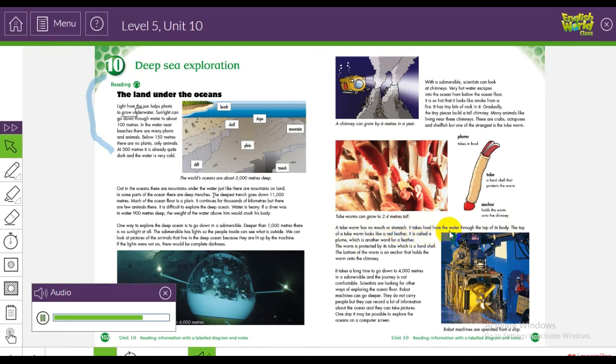It takes food from the water through the top of its body. The top of a tube worm looks like a red feather. It is called a plume, which is another word for a feather. The worm is protected by its tube, which is a hard shell. The bottom of the worm is an anchor that holds the worm onto the chimney.